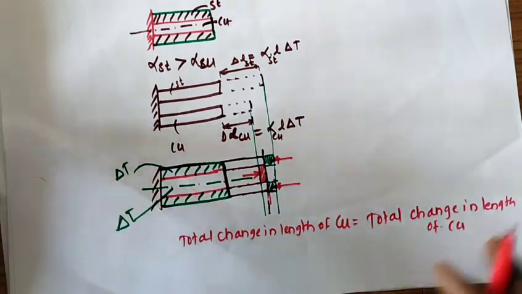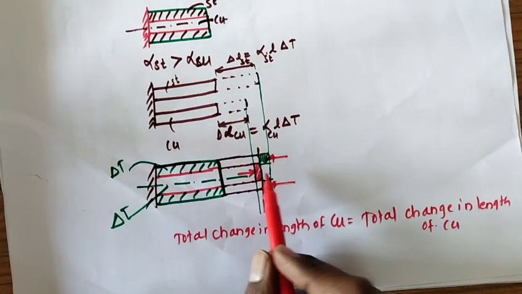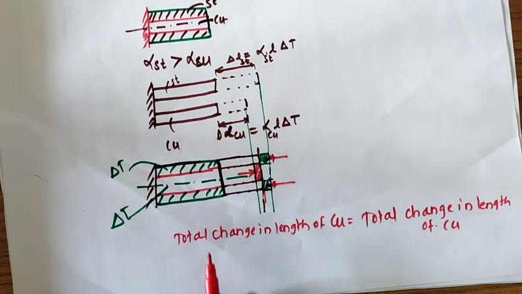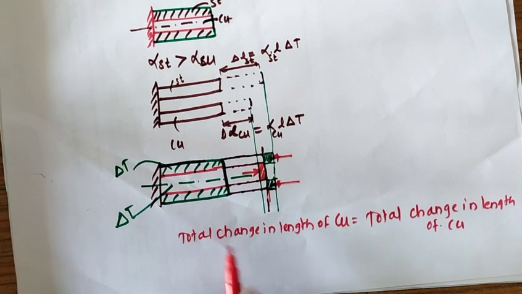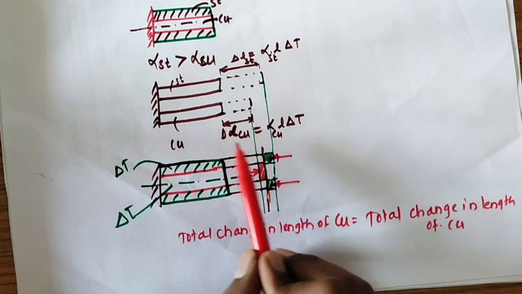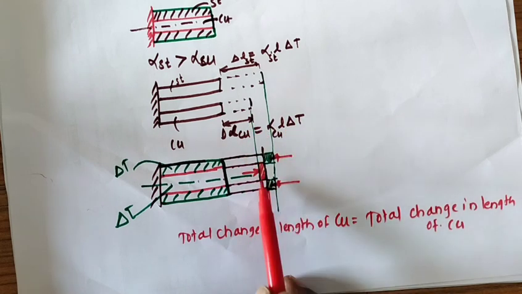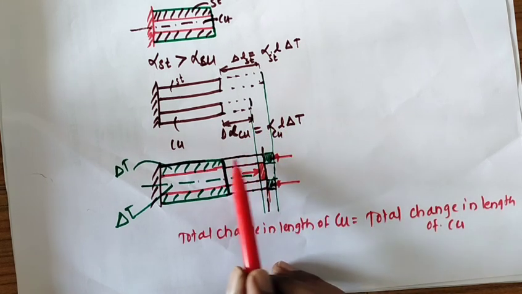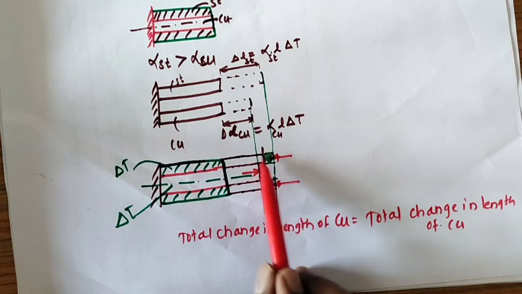Now how much is the change in length of the copper? How can we find that out? For this we know that the free expansion of the copper is alpha L delta T plus this, and for steel free expansion is this much minus this.